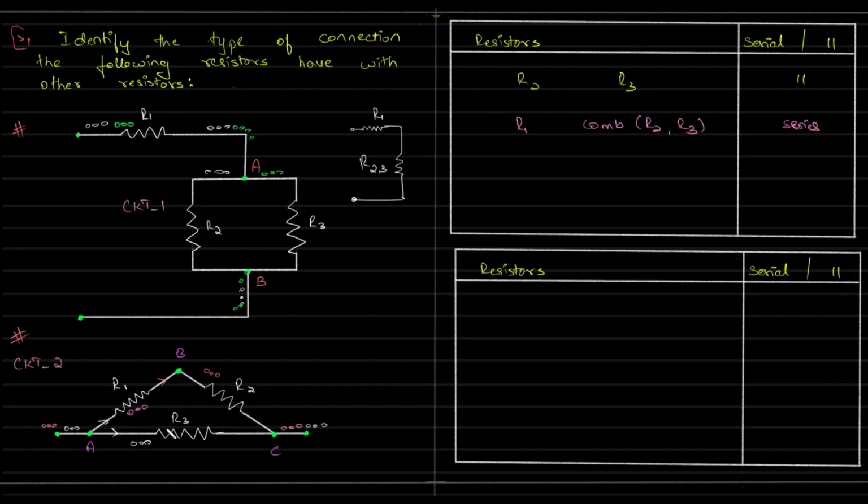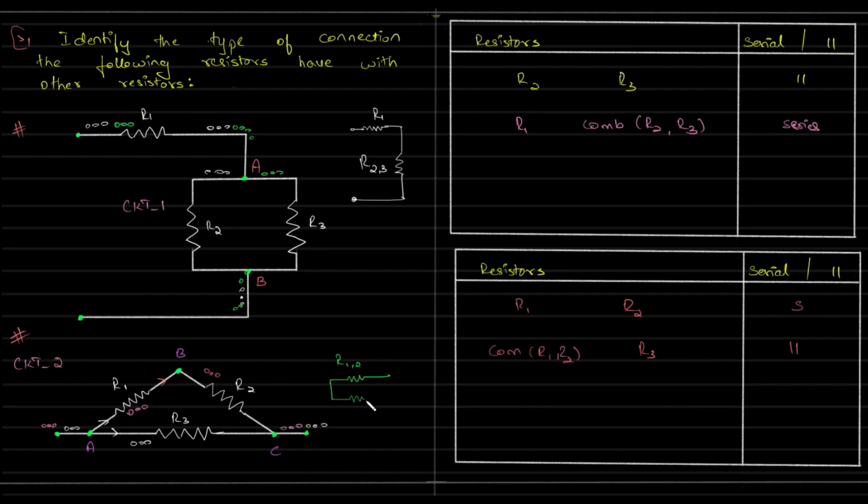The easiest one that we can talk about is R1 and R2. So R1, R2 are in, yes, series. The next one is the combination of R1, R2 and R3. They are in parallel. That is, I can replace R1 and R2 with a single resistance R1, 2, right?